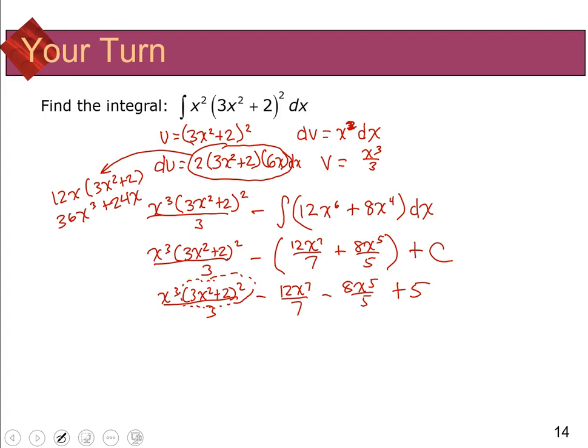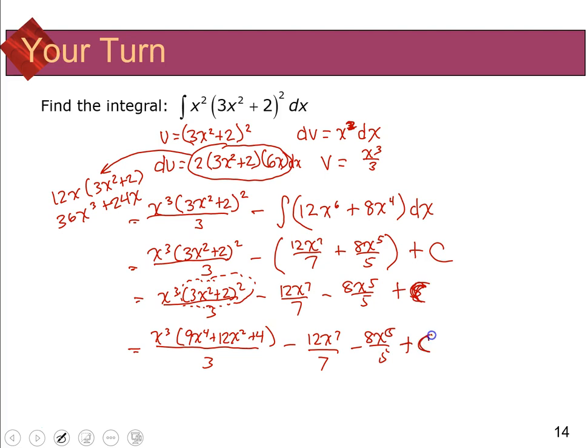So I'm still going to have x to the 3rd times 9x to the 4th plus 12x squared plus 4, all over 3, minus 12x to the 7th over 7 minus 8x to the 5th over 5. That should be a C, and that should be a C. Sometimes I say one thing and write another.